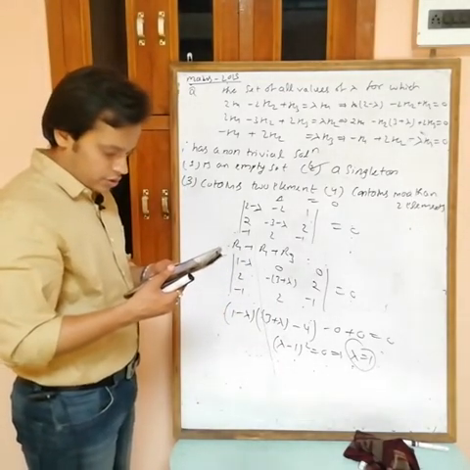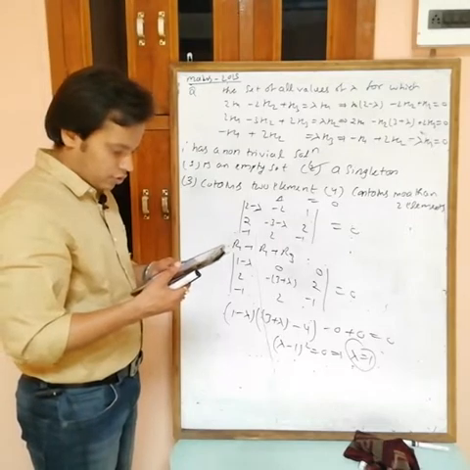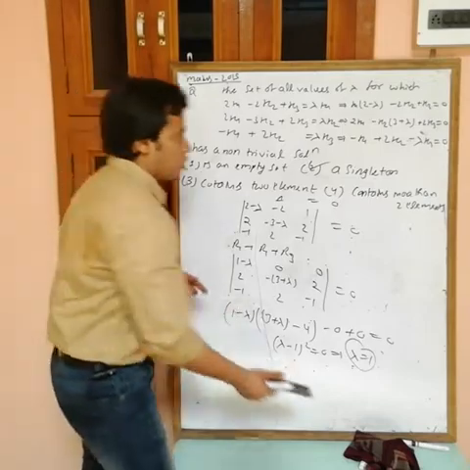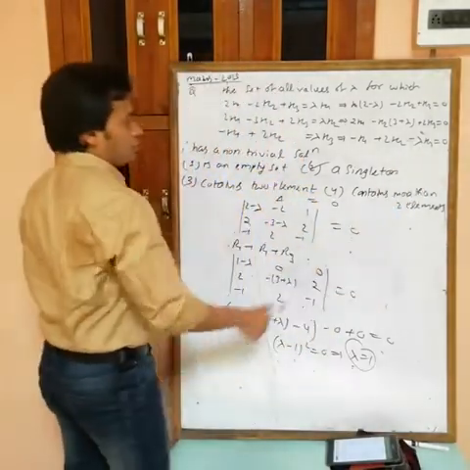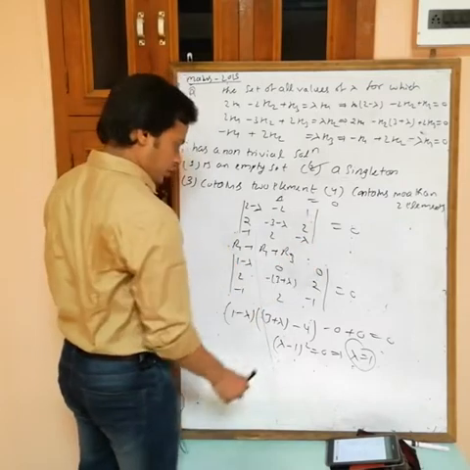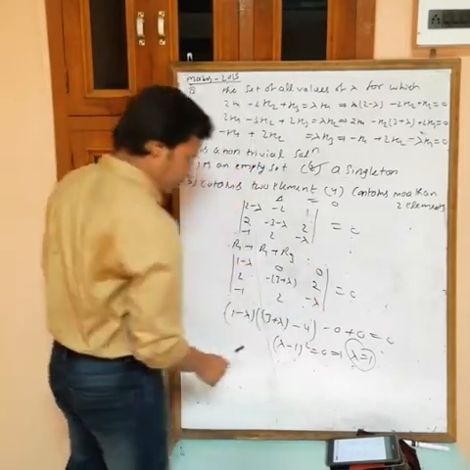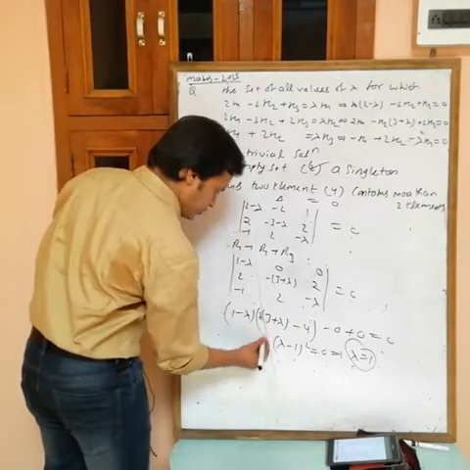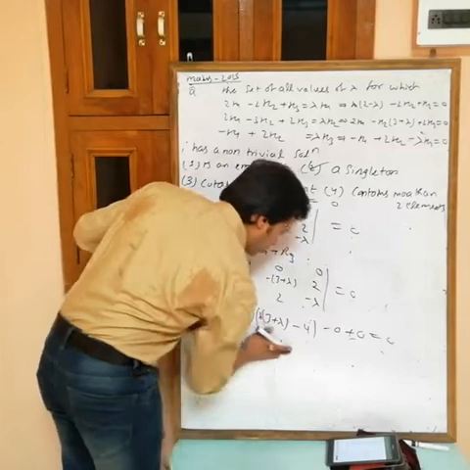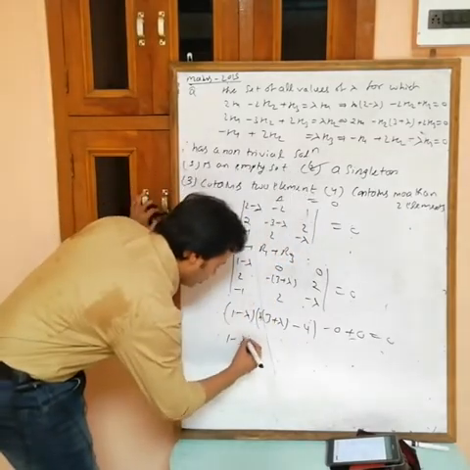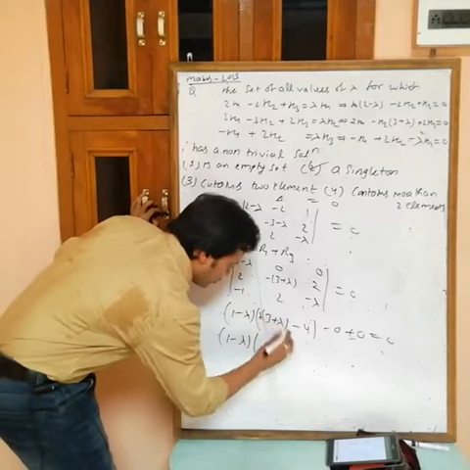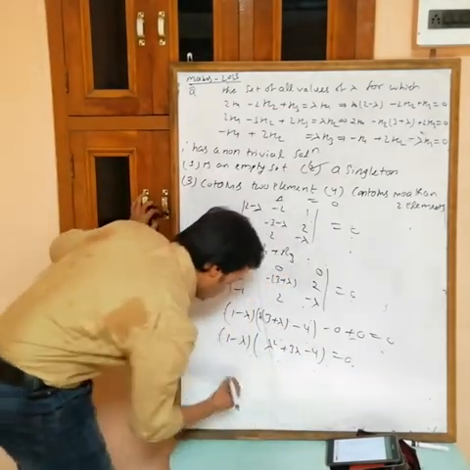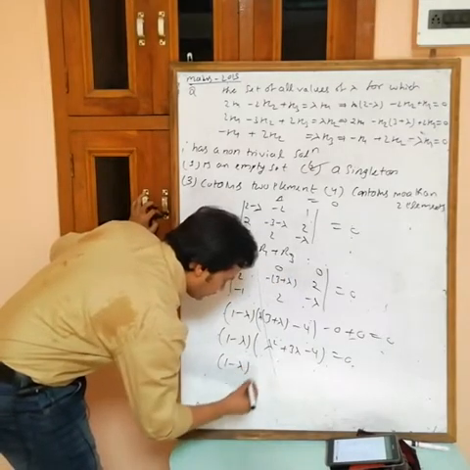Now next one. 1 minute. Here we have minus lambda, this is minus lambda, this one is minus lambda. Then this one into this one multiplied with lambda. 1 minute, sorry, because the answer is not singleton. 1 minus lambda into, if you multiply, we are getting lambda square plus 3 lambda minus 4 equals 0. Then 1 minus lambda, can I take common?